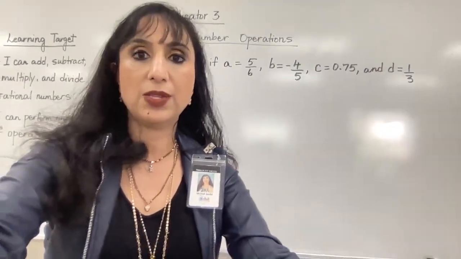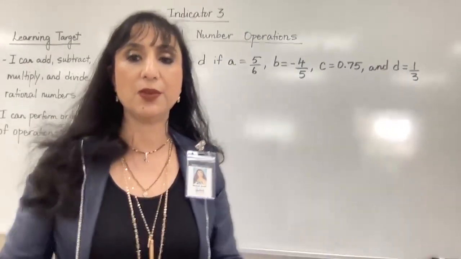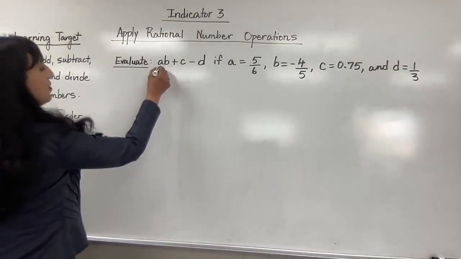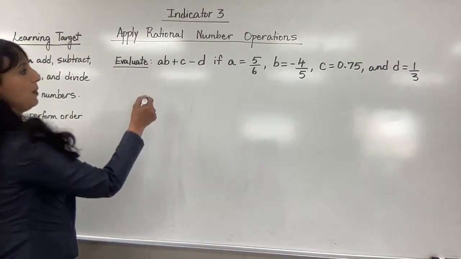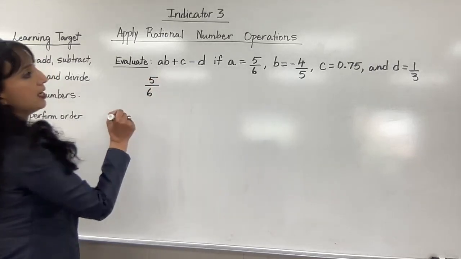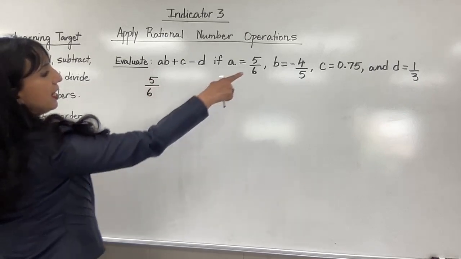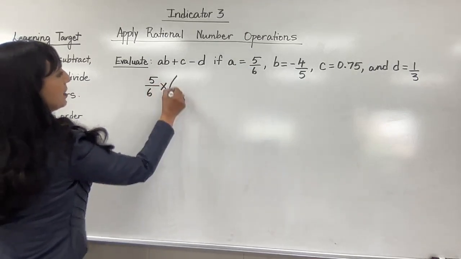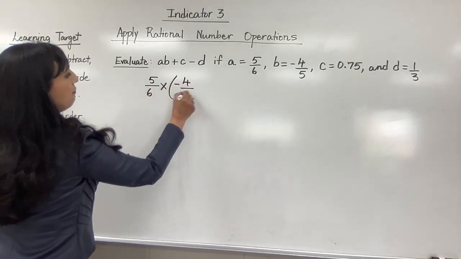All right. So we are now going to start substituting the values of these numbers. A is 5/6. So ab means a times b. So a is 5/6, times b, which is negative 4/5. I'm going to write it like this, times negative 4/5.